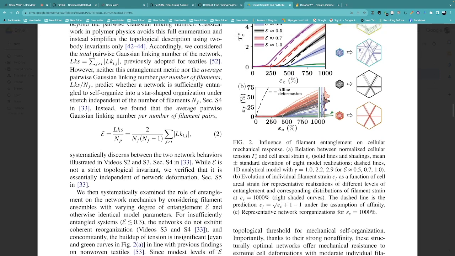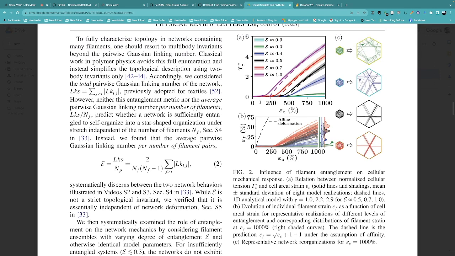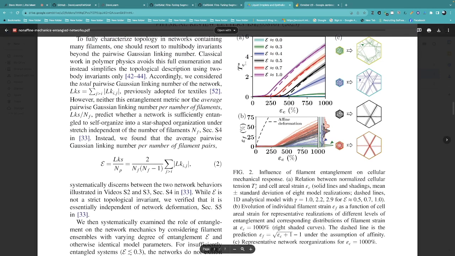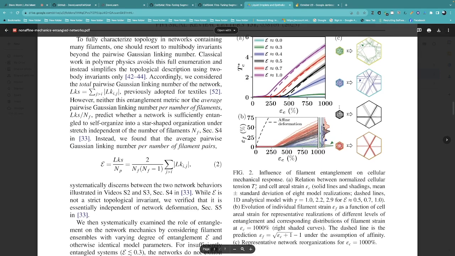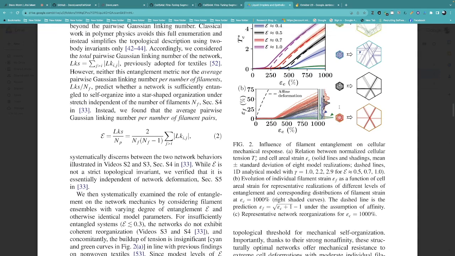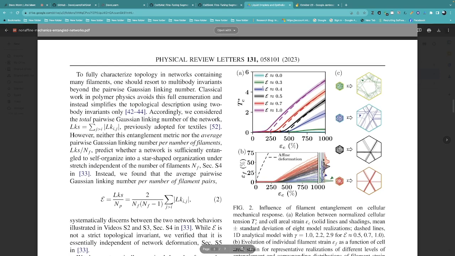EC is cell areal strain, and TC is cellular tension. As areal strain increases, cellular tension goes up, and it goes up faster in the red version than in, say, the green version. With more diverse connectivity, the normalized cellular tension falls off. When you have sparser networks with bigger bundles, you get more cellular tension. I guess that's the way you interpret that graph.